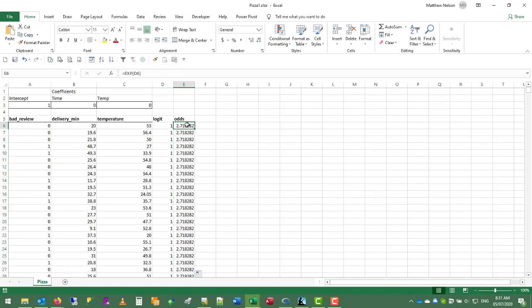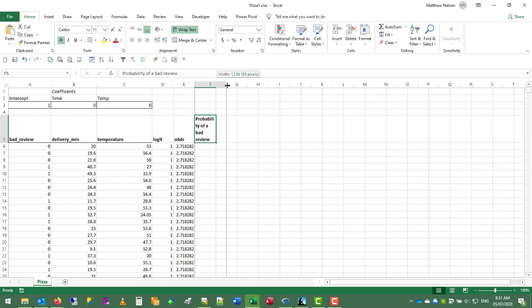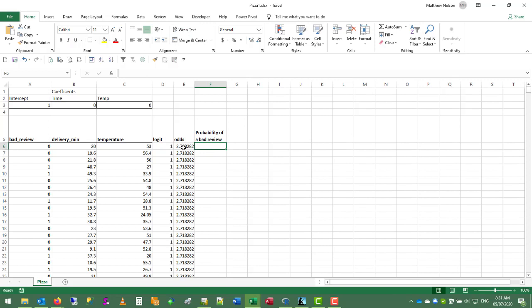But this is the output in odds. We want to have the probability of a bad review. So the probability would be the odds over 1 plus the odds, 0.73.